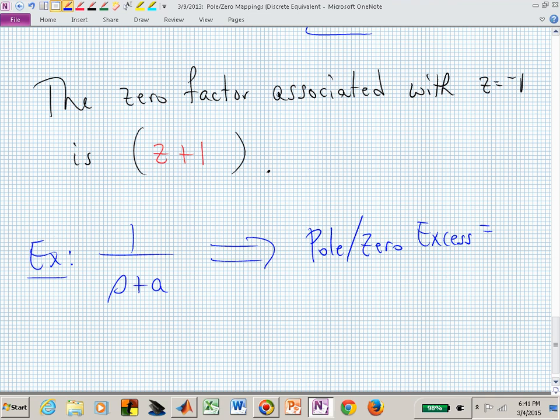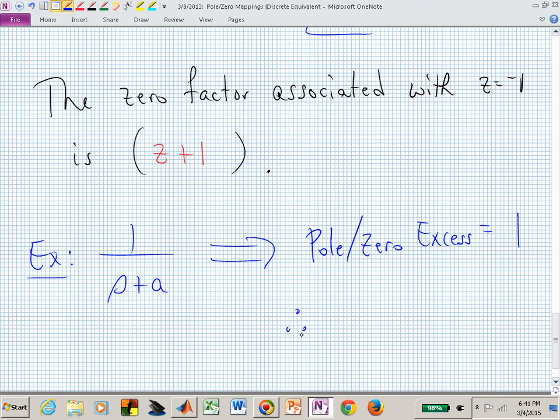And when I say 0 here, I'm meaning finite zeros. You now have some poles and you have some finite zeros. How many more poles? What's the pole 0 excess in this expression? 1, isn't it? We have 1 pole and no finite zeros. The pole 0 excess is 1.